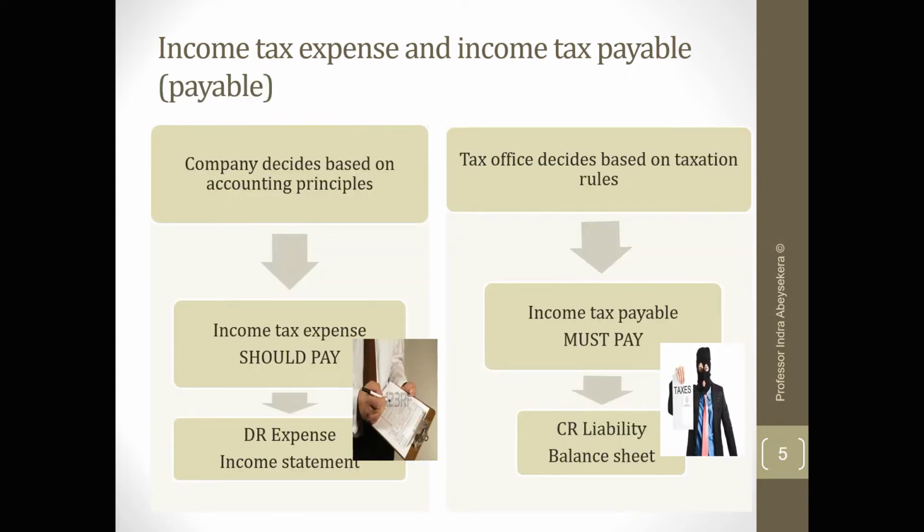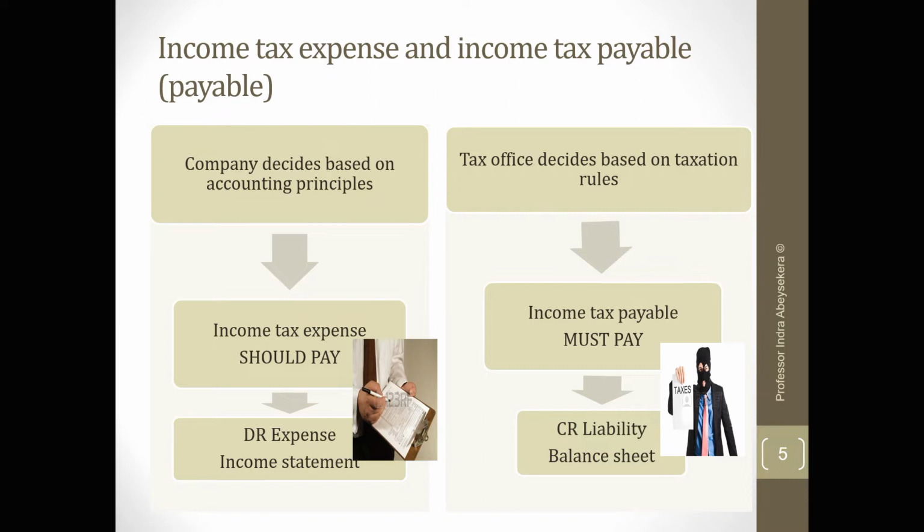So using accounting principles, we determine the accounting profit. From the accounting profit, when we apply the tax rate, we come up with the income tax expense that shows how much should be paid as tax. So we debit that expense in the income statement.